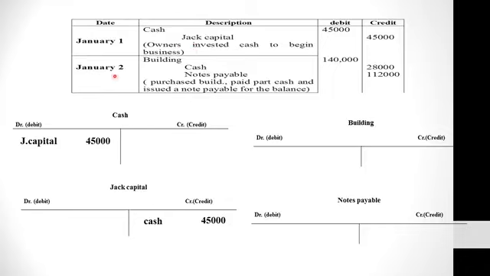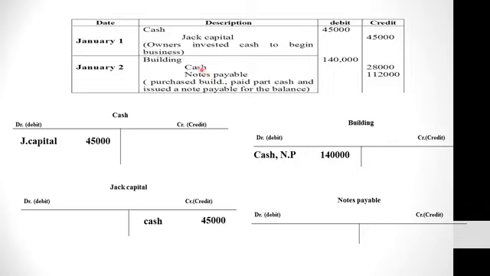Let's move to January 2. We are doing it in order, so we're going to start with building, within the debit side, 140,000. This is the T account for building. In the debit side, we're going to place 140,000. And for more explanation, we're going to write beside the figure the opposite accounts within the journal entry, which are cash and notes payable, like this.